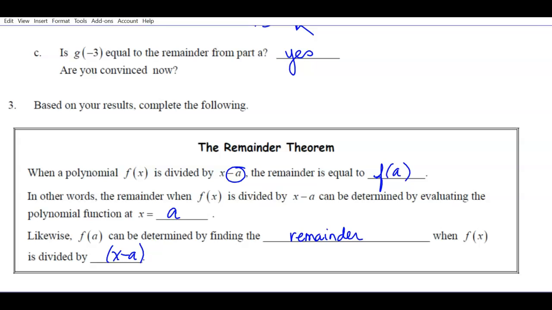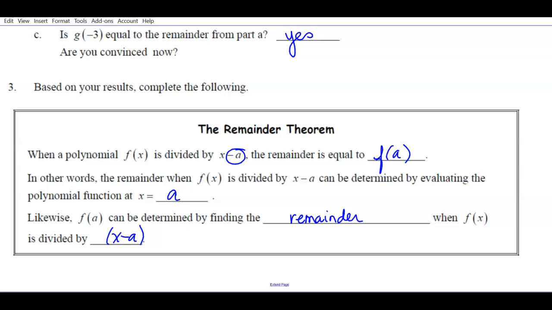So if you know f of a gives you a certain value, then you know that value is the remainder when you're dividing by x minus a. This is going to be helpful in cases where we don't care about the quotient. If you just want the remainder, then why bother going through all the synthetic division or long division?